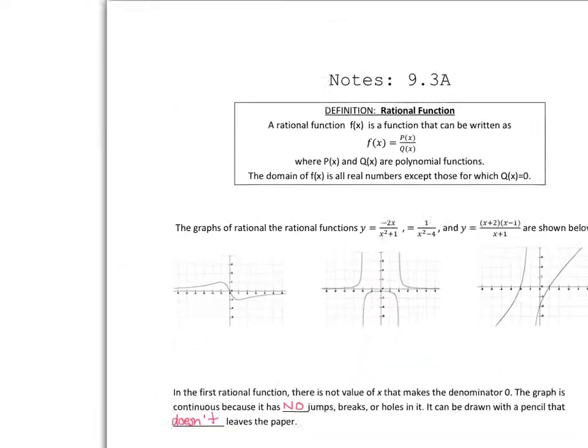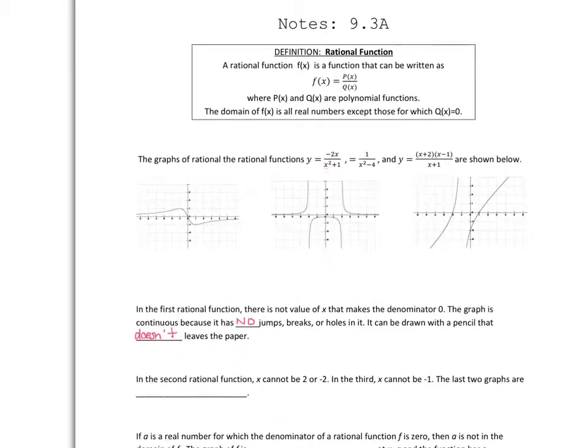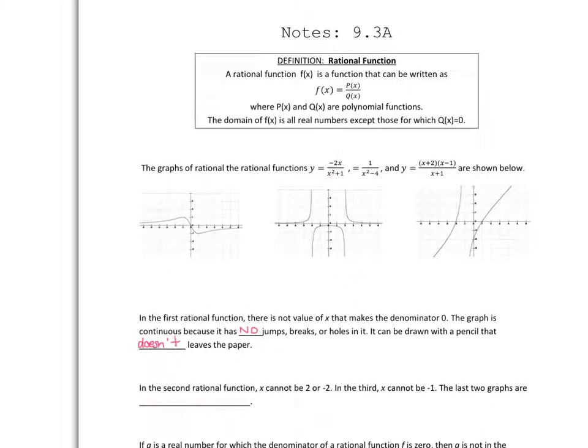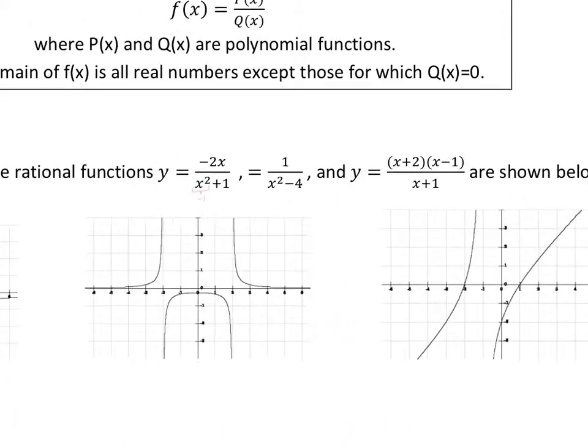And in the last one, x can't be negative 1, because if you plug negative 1 in, x plus 1 is 0. So those are the numbers. Look at what happens at negative 2, 2, and negative 1.